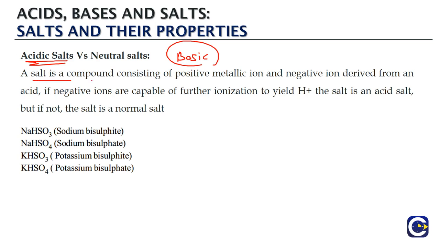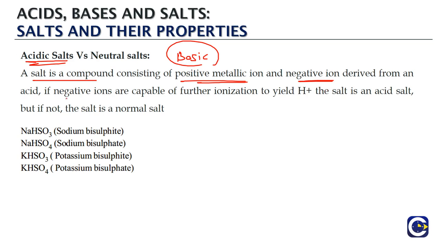So if you look at a salt as a compound, then as we have seen, the positive metallic ion will be the cation part, and the negative ion will come from the acid part. So we have the negative ion coming from the acid and the positive ion will come from the base.